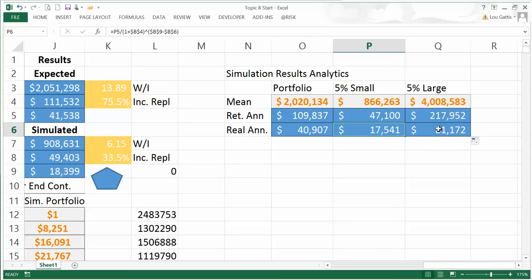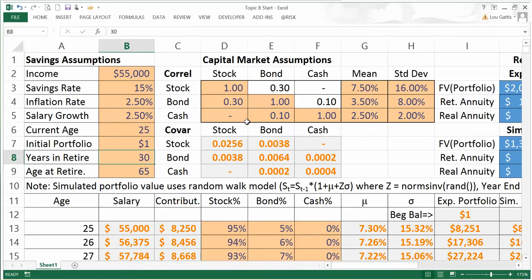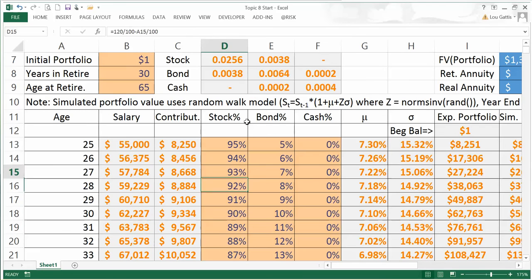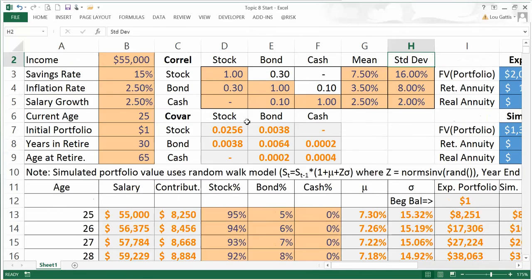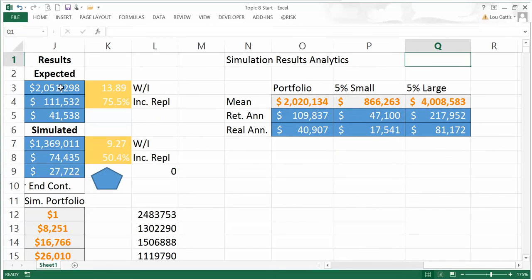And the 5% largest gives us an annuity of $81,000. So the simulation allows you to think about how your choice of portfolio weights and asset allocation, which then affects the portfolio standard deviation, affects the risk that you do not achieve your expected portfolio value of about $2 million.